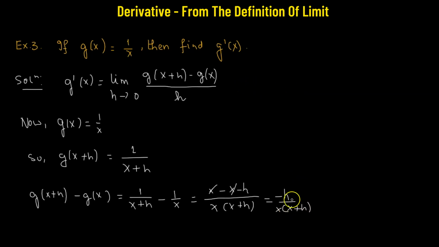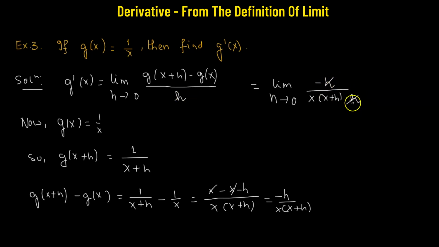Now we'll substitute this value. So we have the limit as h approaches 0 of g of x plus h minus g of x, which will be negative h divided by x times x plus h, and also we have h in the denominator.